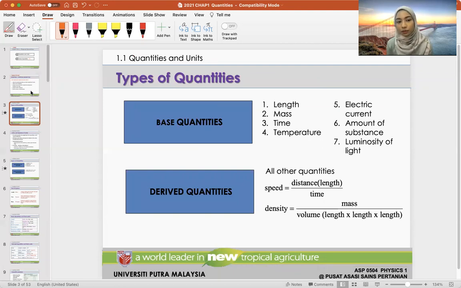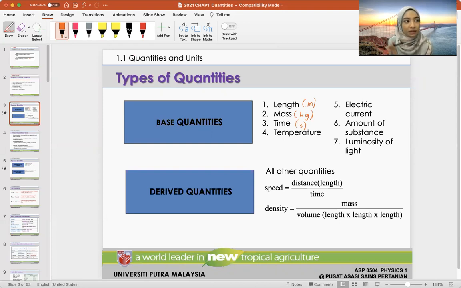Okay, so types of quantities. We have two types. One is base quantities and the other is called derived quantities. Base quantities are something that you can't break down. It's the base quantity, you can't break it down. For example, length in meter, mass in kg, time in second.